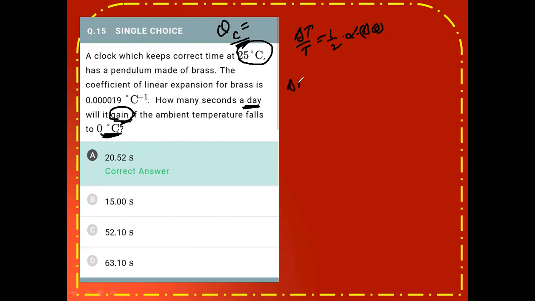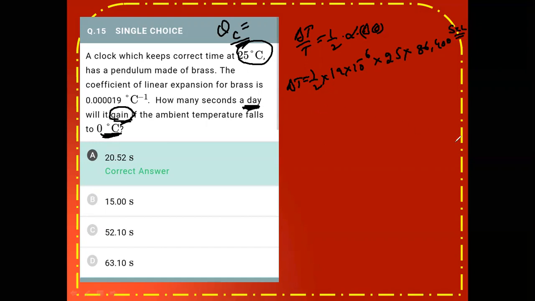So delta T is equal to half into alpha, which is 19 multiplied with 10 power minus 6, multiplied with delta theta, which is 25 minus 0, that is 25, multiplied with 86,400 seconds. Why multiply with 86,400? Because they are asking in a day. So per day means 86,400.